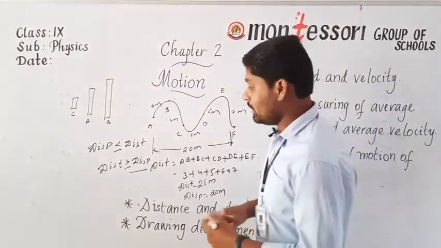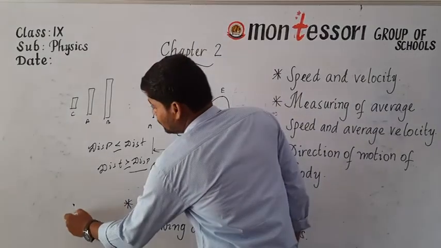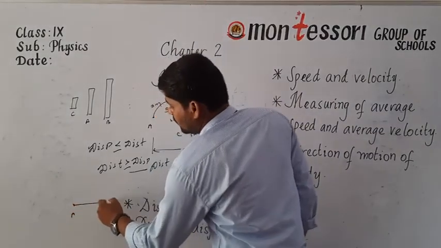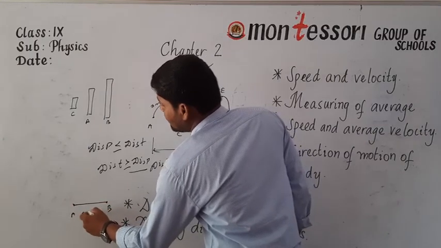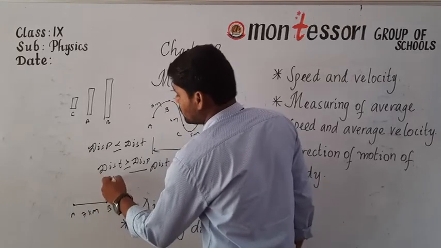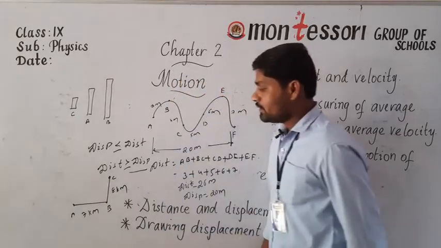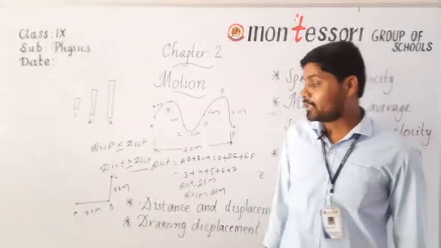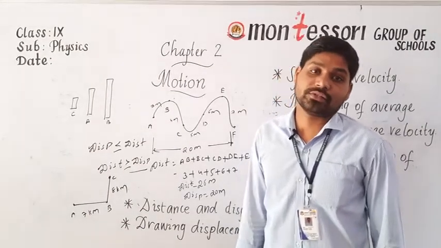One more example I will give for distance. If a person starts from point A and reaches B, the distance is 7 kilometers, and then moves towards north 8 kilometers. Then what is the total distance traveled by the person? 7 plus 8, 15 kilometers.